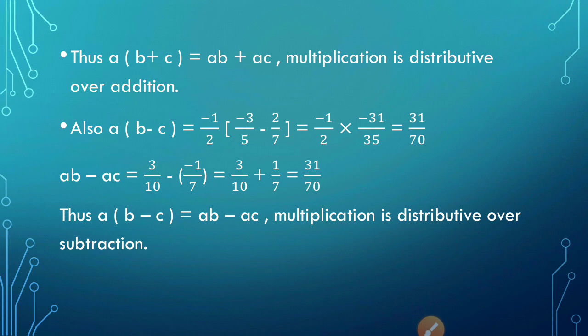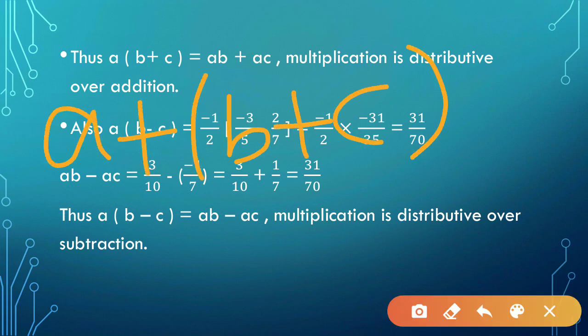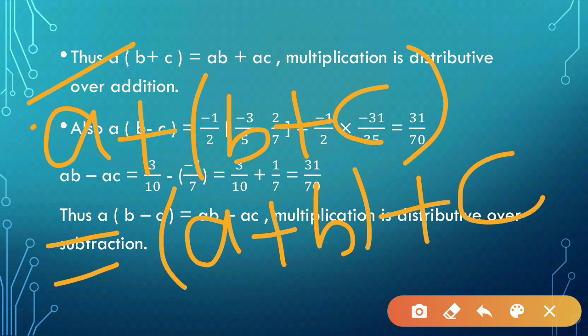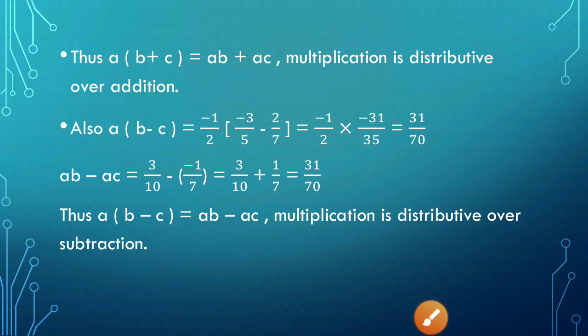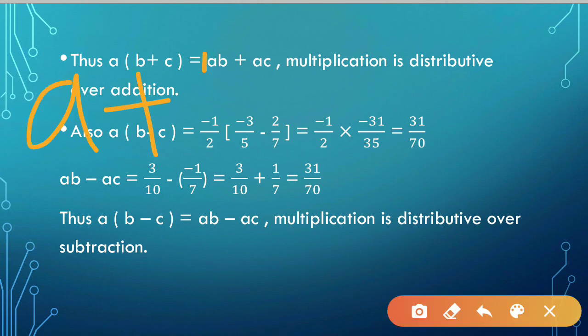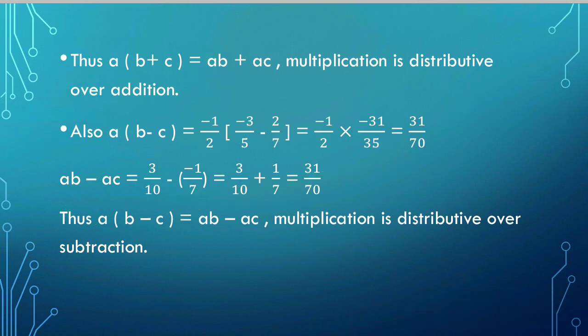Like that in the associative property, if you do B plus C and then add A, and you get the same result, then the associative property is satisfied. For the commutative property, if you do A plus B and get the same result as B plus A, this is the commutative property. So these are all the necessary conditions for addition, subtraction, multiplication and division. You learn all the necessary conditions.